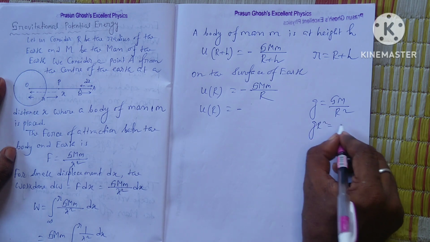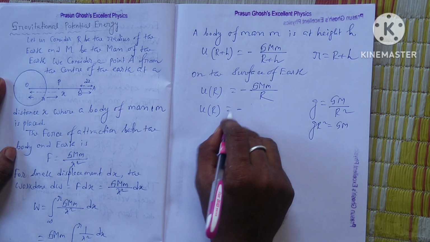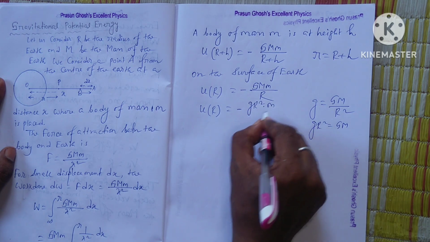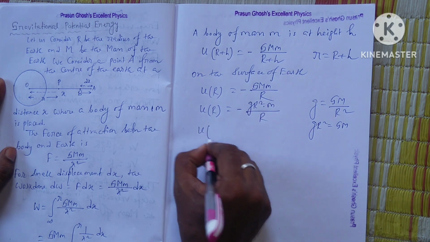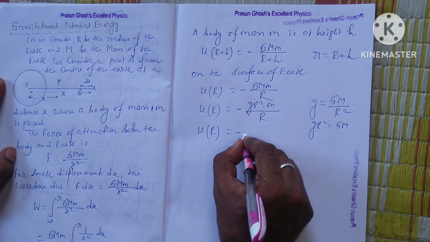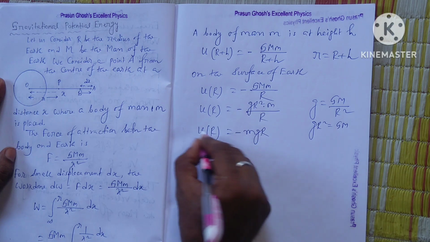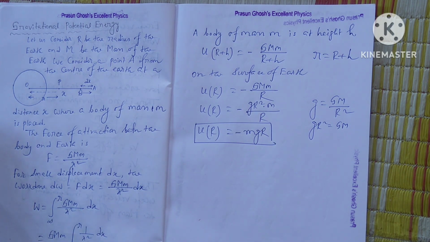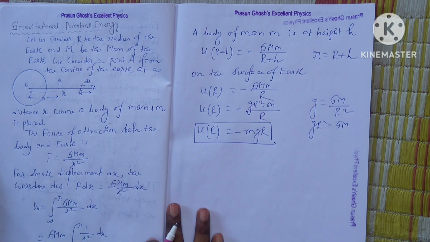So gR square equal to GM. So we can write that is gR square into m by R. So U as a function of R we can write that is minus mgR. This is very useful equation. So this is very important and very useful equation we can write.